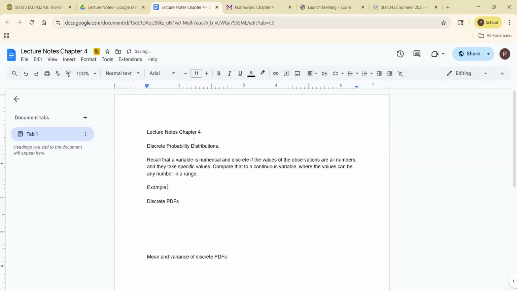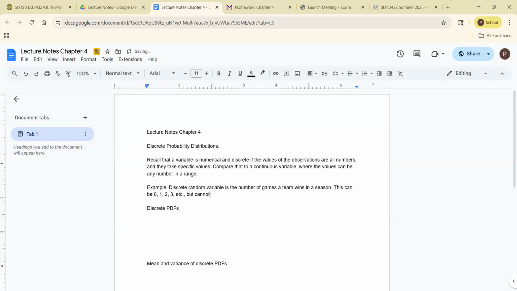As an example, a discrete random variable is the number of games a team wins in a season. This can be 0, 1, 2, 3, etc., but cannot be 1.5 games. So in this chapter, we focus on discrete probability distributions.